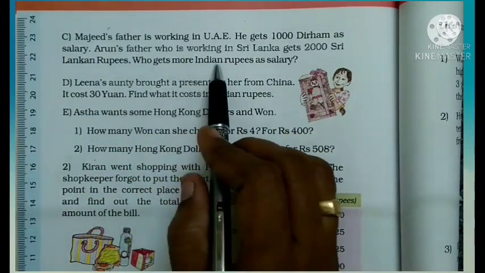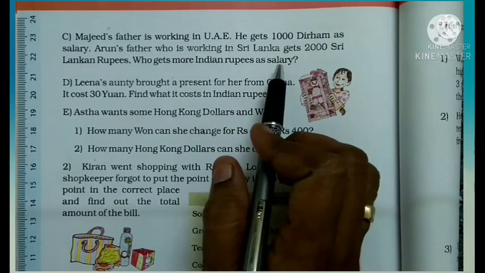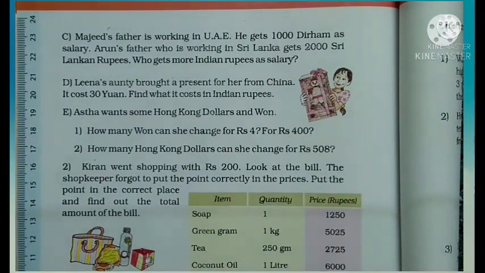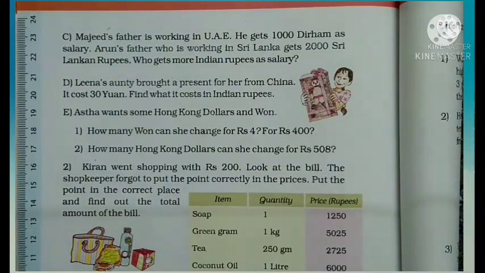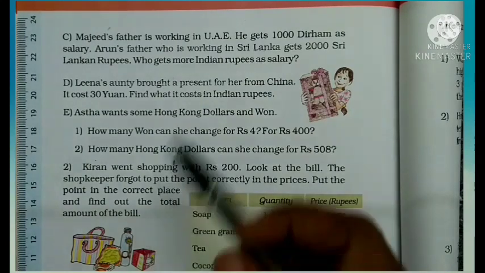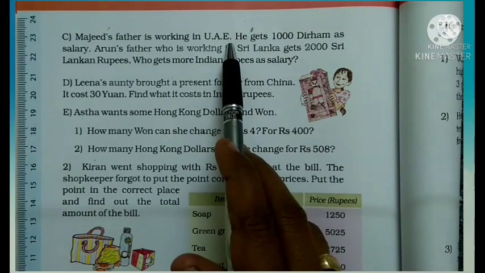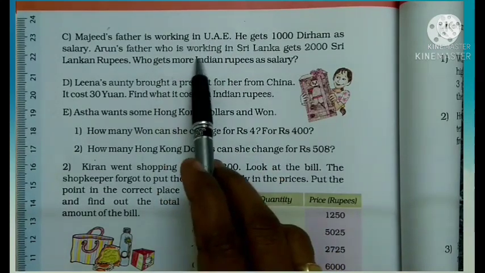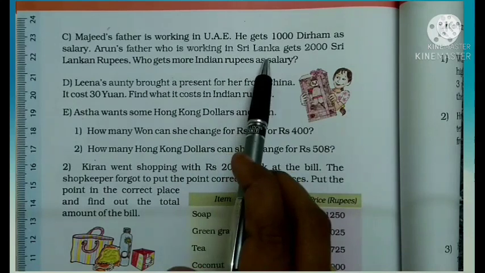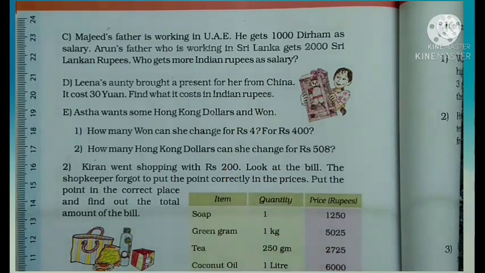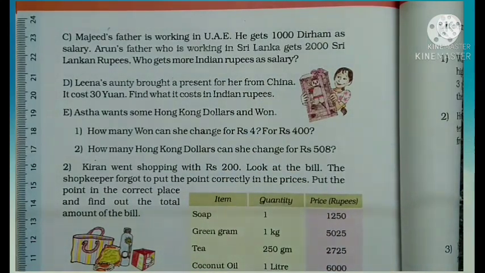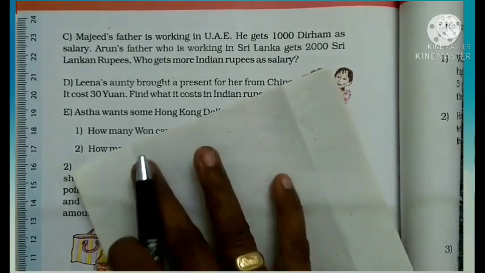Who gets more Indian rupees as salary? So here we want to find out who gets more Indian rupees as salary. Majid's father, where does he work? Yes, UAE. And Arun's father works in Sri Lanka. So first we want to find out the salary of Majid's father.